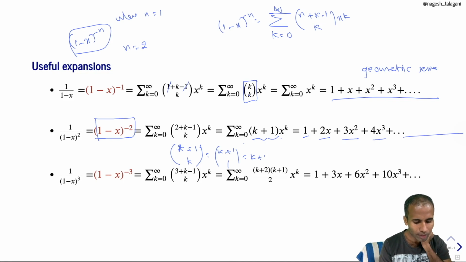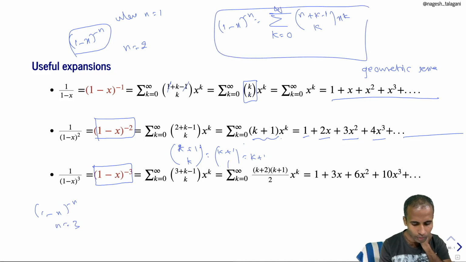Then the expansion for 1 by (1 minus x) whole cube. Now this we can write as (1 minus x) to the power of minus 3. Again this looks like (1 minus x) to the power of minus n, but n equals 3 here. So now according to this I can write summation k equal 0 to infinity, 3 plus k minus 1 choose k, times x to the power of k.